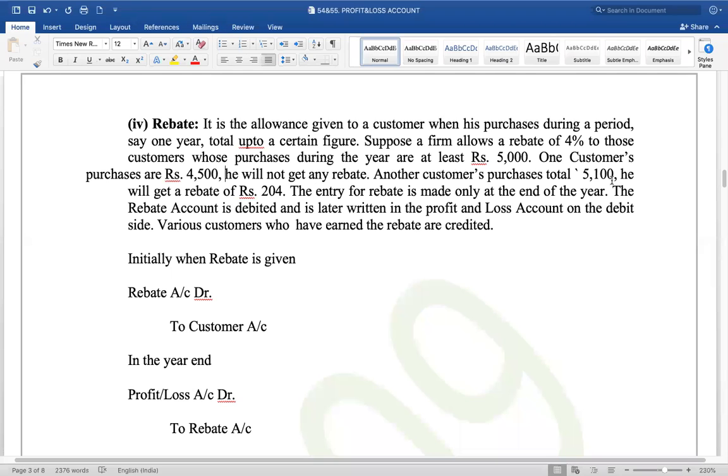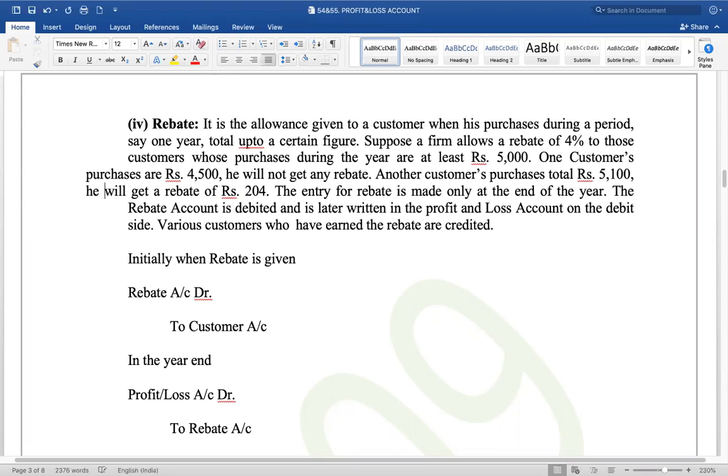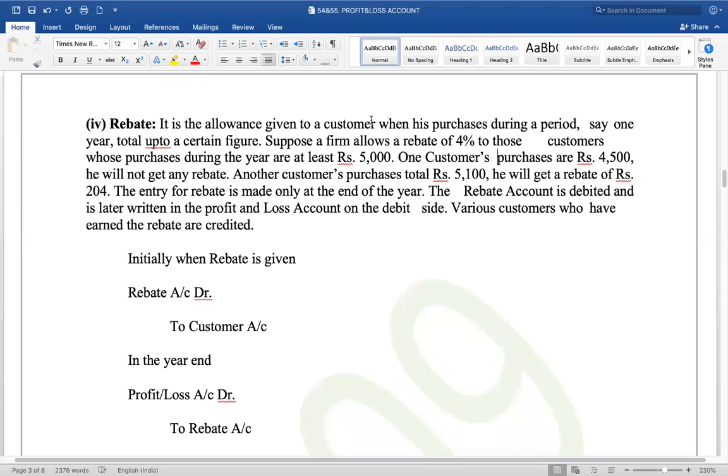Another customer purchased a total of 5,100 rupees, and he gets a rebate of 204. If you purchase 5,000 minimum, then you get a rebate of 4%. Either before a particular stipulated date or at a stipulated sales value, you will get some rebate.